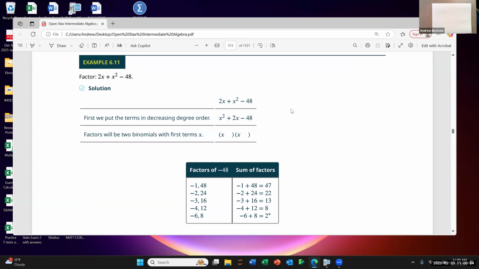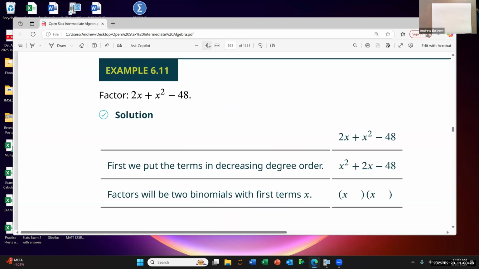If you're looking at a problem like this, what is making this problem different from what we had before? Well, the other ones would be something squared plus something times a number, and then a constant at the end. Here they just moved those two things around.